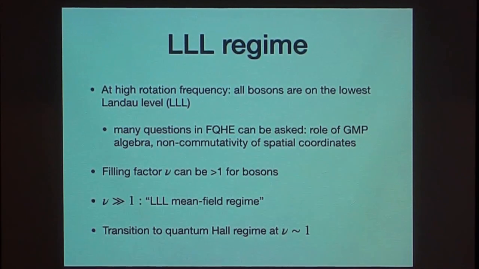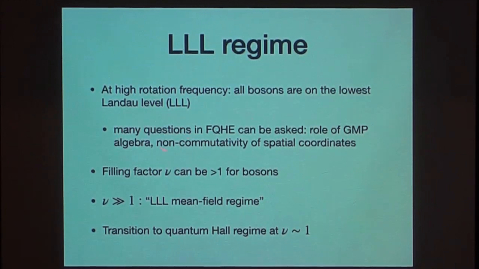How fast you have to rotate the Bose-Einstein condensate to achieve this depends on the interaction between your bosons. But there is a regime where all the bosons are in the lowest Landau level.